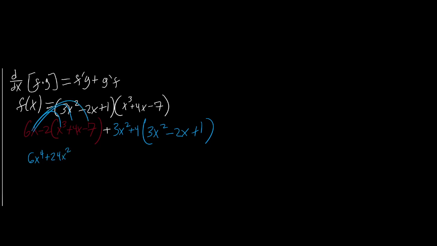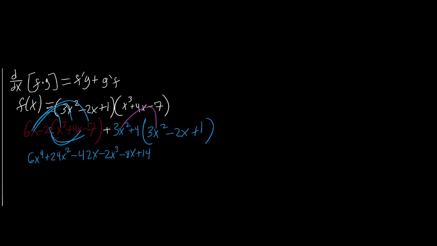And then 6x multiplied by negative 7 is negative 42x. Okay? And we're going to do the same thing with the negative 2. So negative 2 multiplied by x to the third is negative 2x to the third. And negative 2 times 4x is negative 8x. 2 negatives make a positive. 2 times 7 is 14, so plus 14.